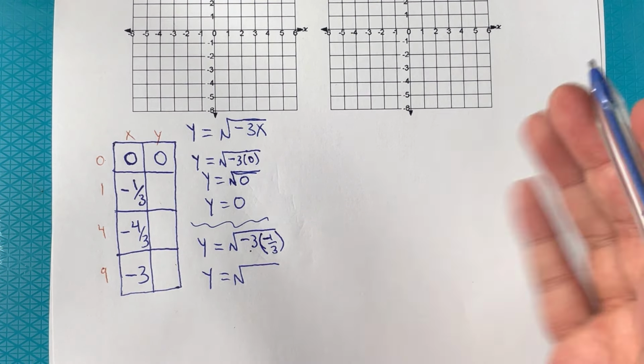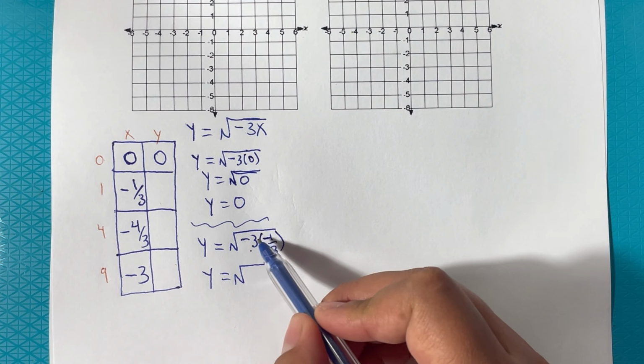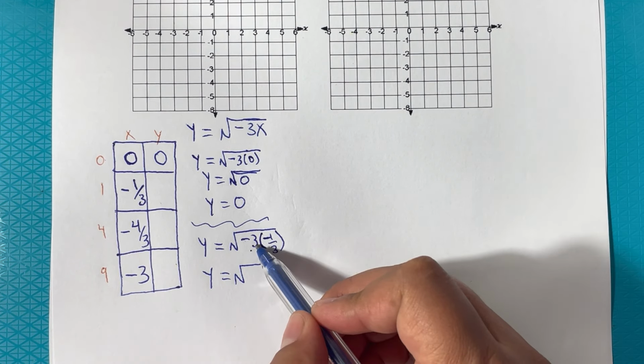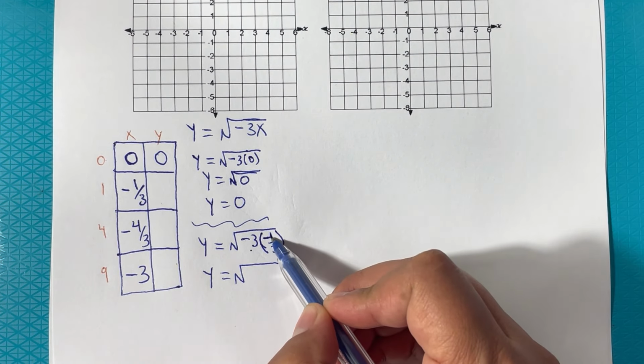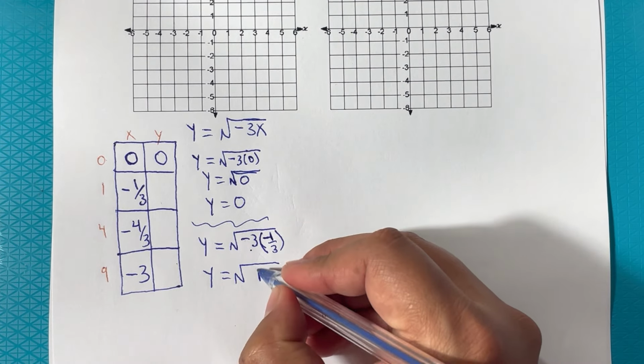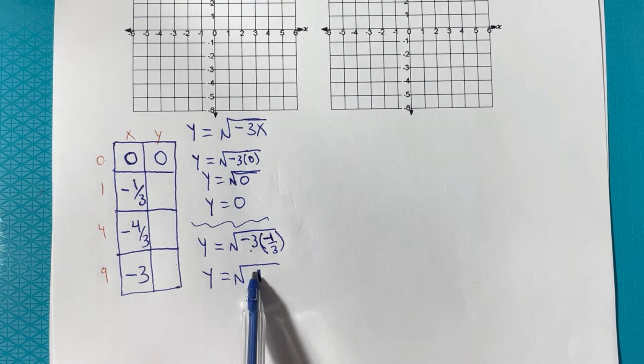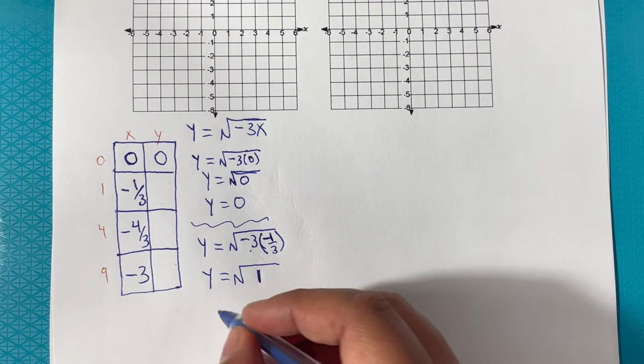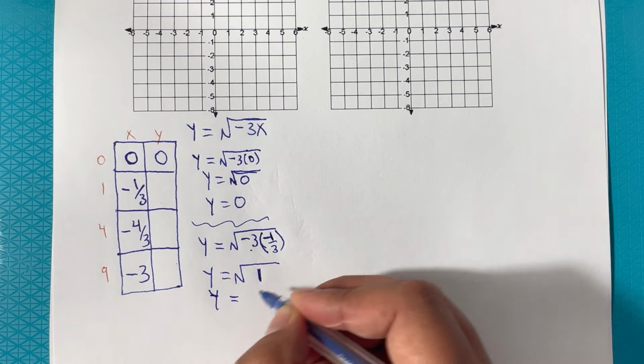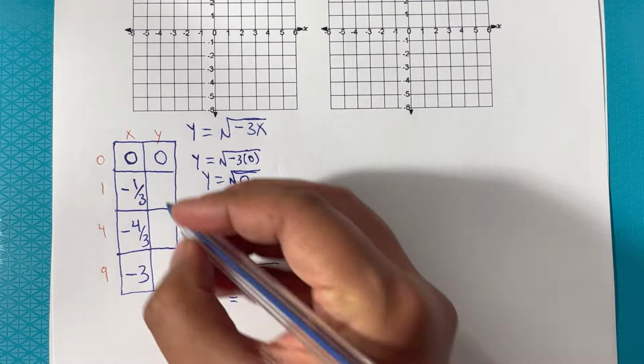You can also do it by canceling, but it's just that. Negative times negative is positive. 3 times 1 is 3. 3 divided by 3 is 1. See, that's how we got that 1 in there. And the square root of 1 is 1.